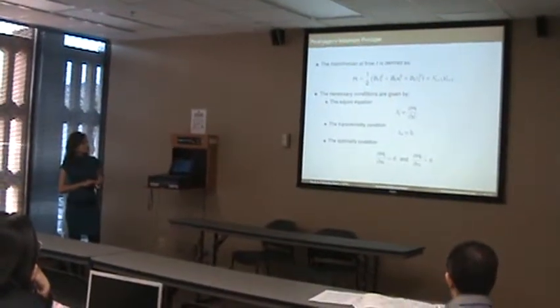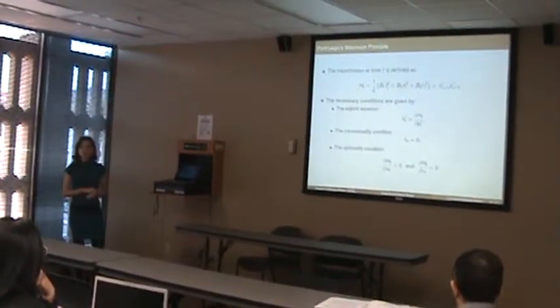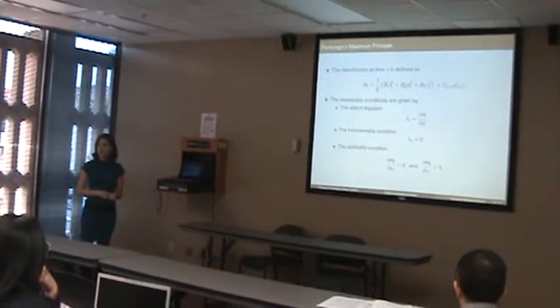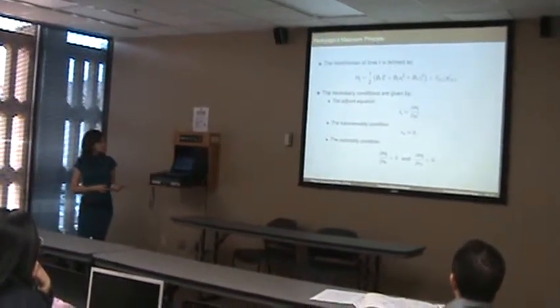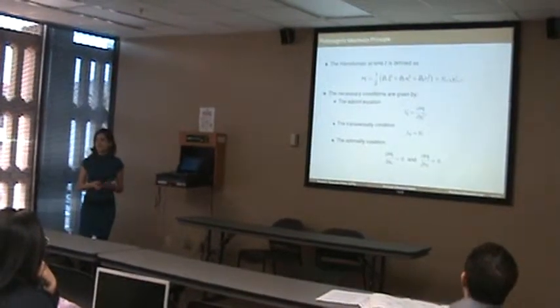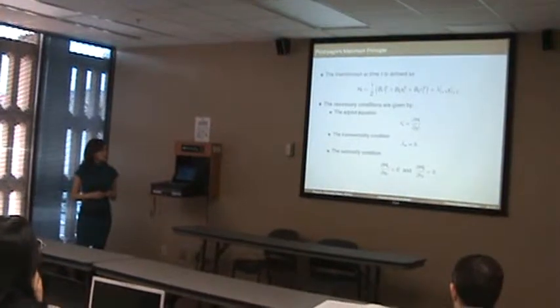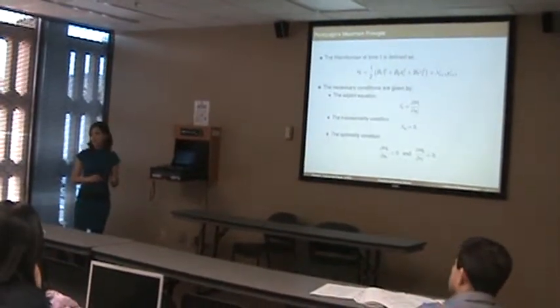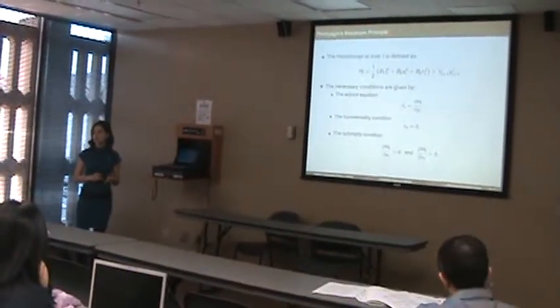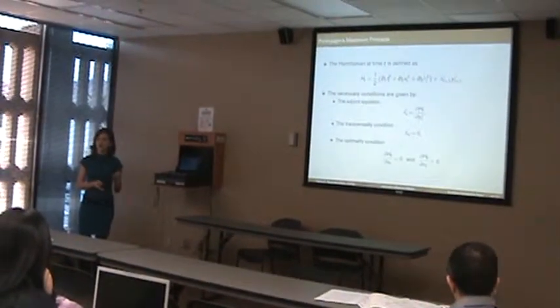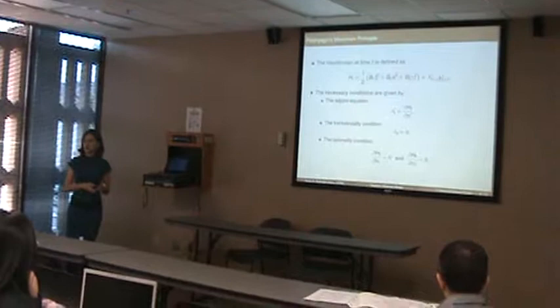So in order to solve this problem using Pontryagin, we use an algorithm that is called the forward-backward algorithm. The basic idea is that we need to solve the state equation, that is the model that I presented. We solve this state equation forward in time because we have an initial condition. We know at the beginning of the epidemic how many susceptible, how many infected, how many recovered.